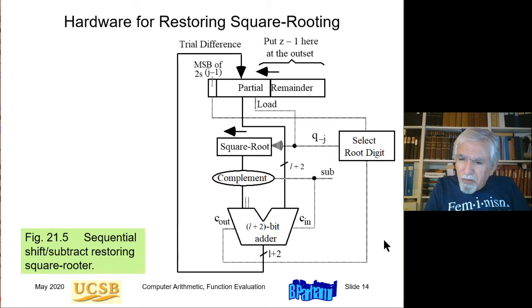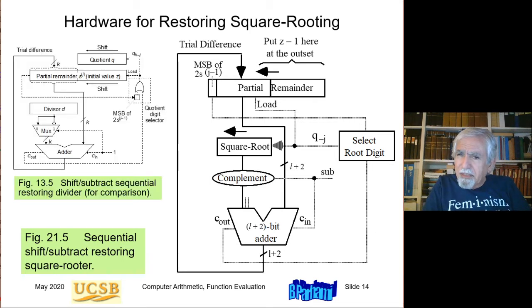Right? So compare this to a divider circuit. You see that the components are very similar. And in fact, we can use the same hardware with the control unit basically deciding how to use the hardware. I can have one piece of hardware that does multiplication, division, and square rooting, depending on my choice.